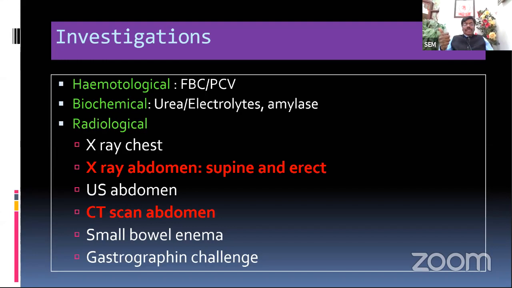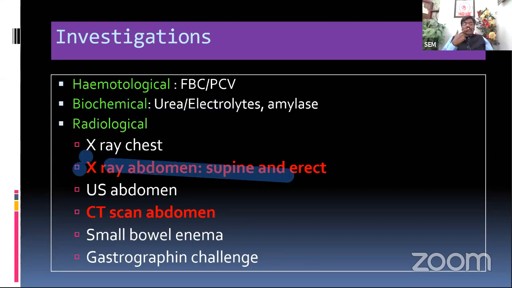Biochemical work is important because they are in hypovolemic shock. Very often they may have raised urea and raised amylase at times. Pseudo hyperamylasemia they can have. Okay. Electrolytes, sometimes they can also be abnormal. Especially hypokalemia can give rise to adynamic small bowel obstruction.